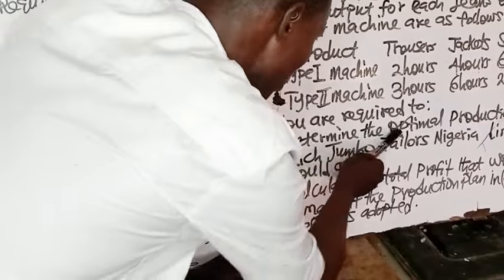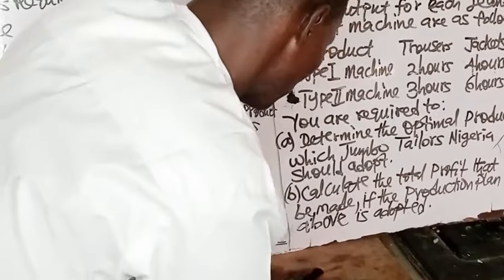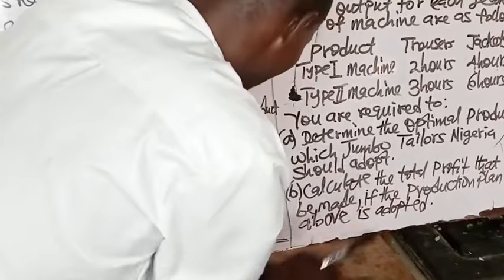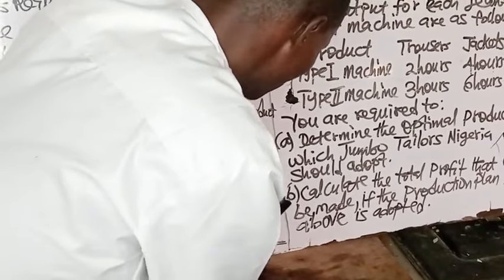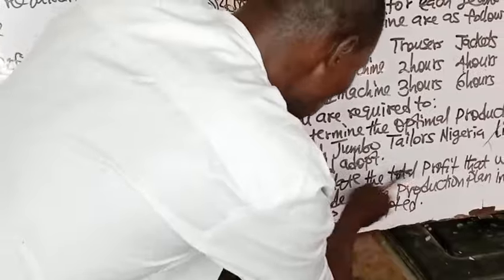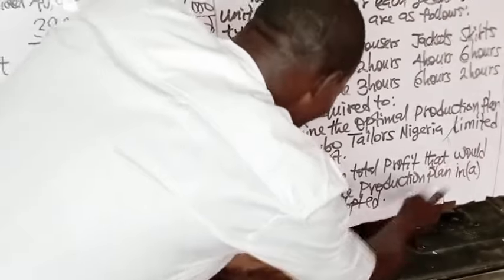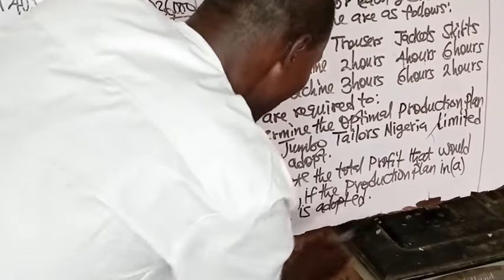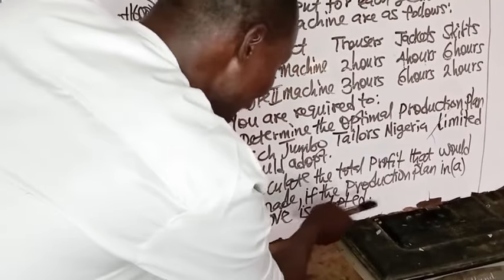If you look at requirement A, you are required to determine the optimal production plan which Jumbo Tailors Nigeria Limited should adopt. That is the solution to that. B, you have to calculate the total profit that would be made if the production plan in A above is adopted.